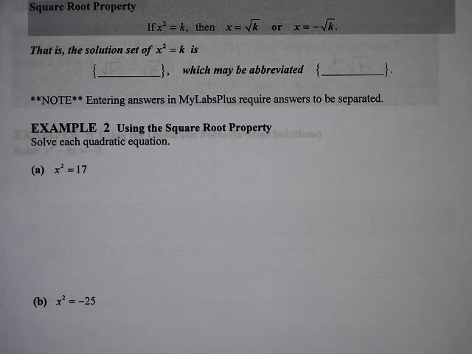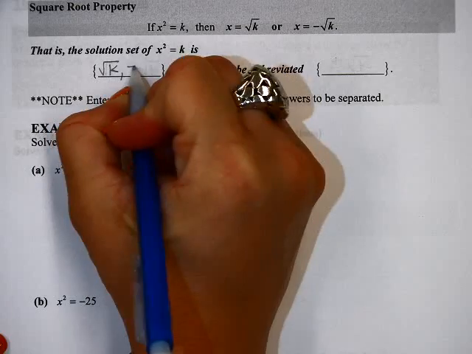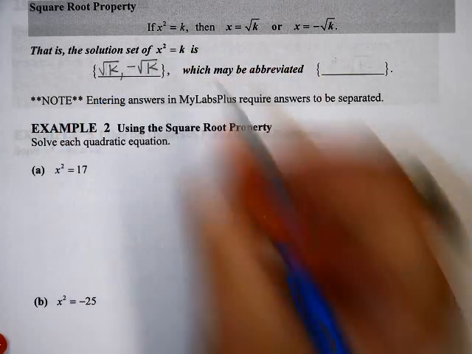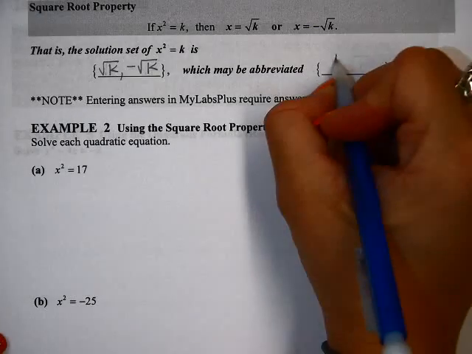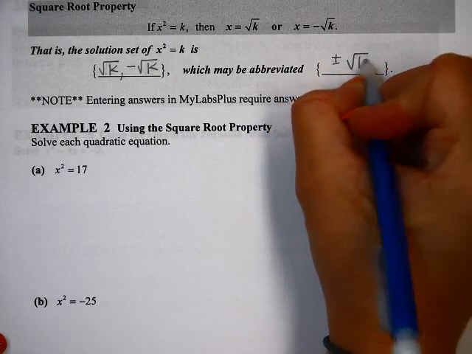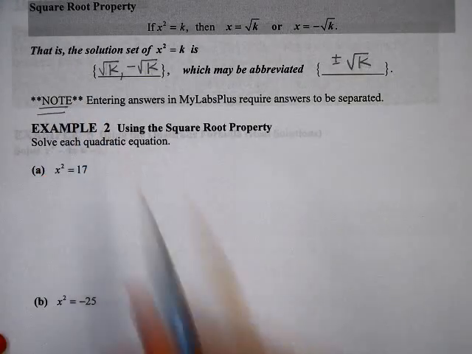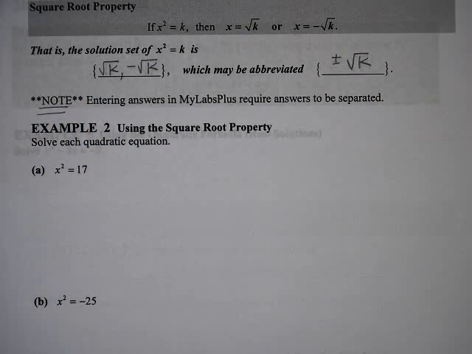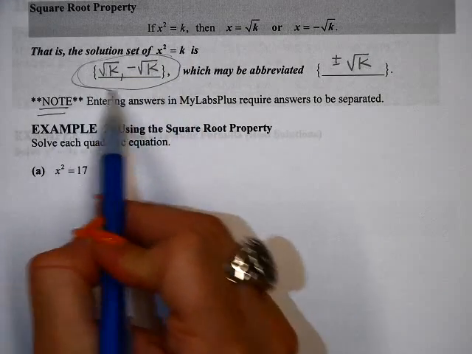That is, the solution set of x squared equals k is the square root of k and negative square root of k. Now this can be abbreviated as plus or minus the square root of k, but please note, as you'll see here, that when you're entering your answers in MyLabs Plus, they require these answers to be separated like we have written it here.